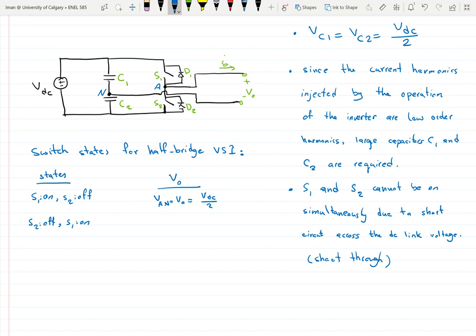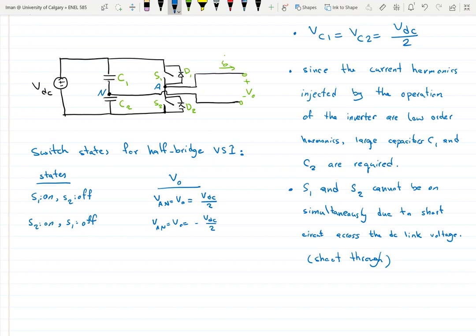When S2 is on and S1 is off, VA is connected to the negative terminal of VDC, so VAN is equal to V out is equal to minus VDC over 2.